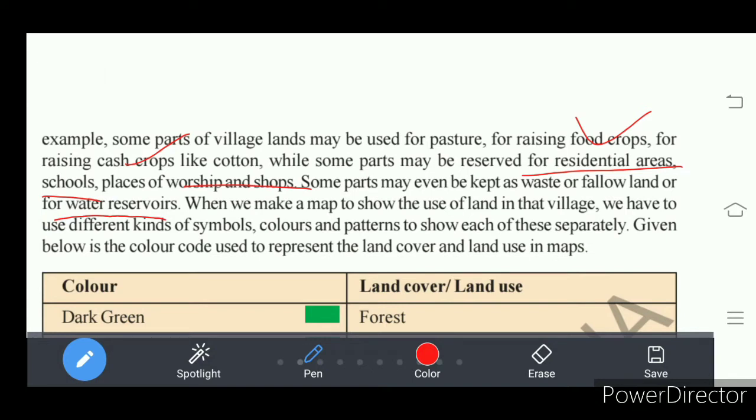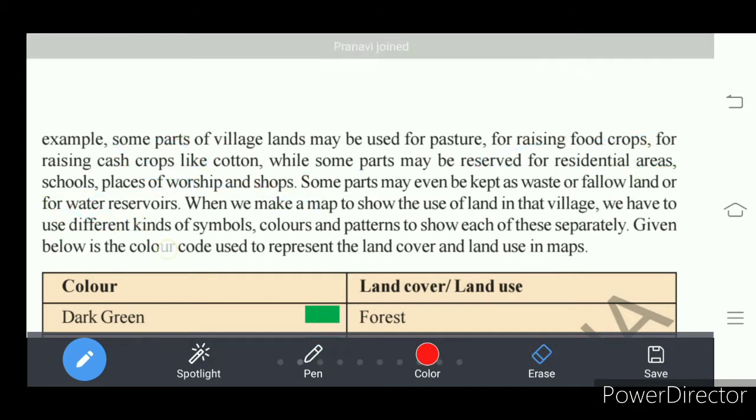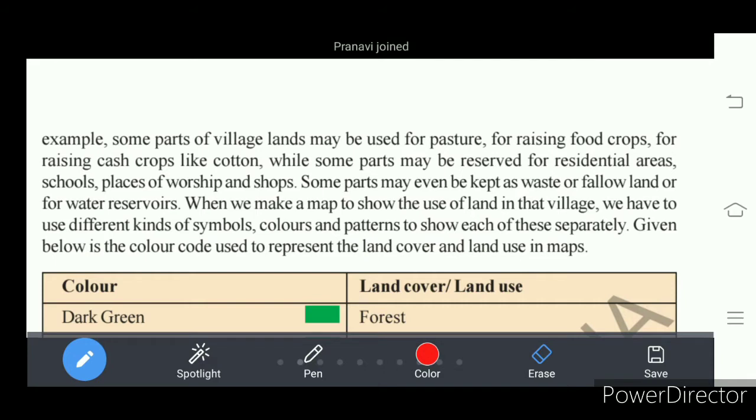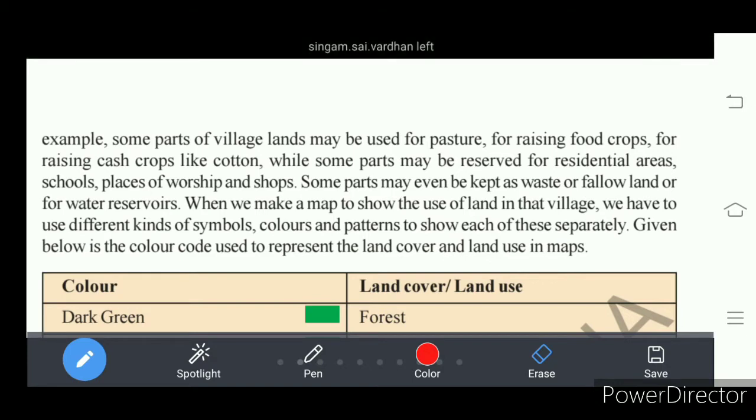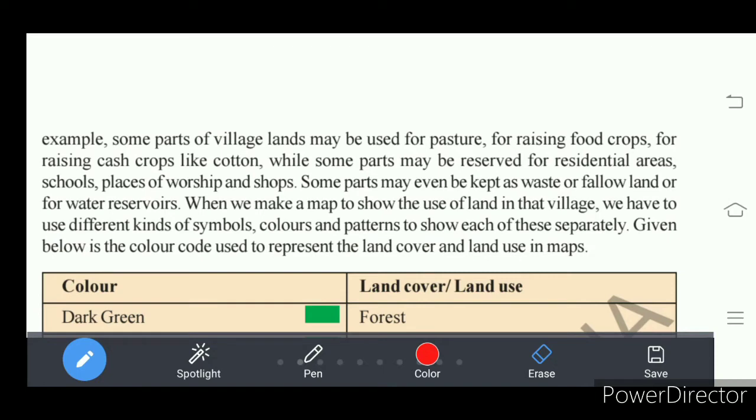So how do we show all these things in a map, right? That means we have to use some symbols for all these things to show in a map. So when we make a map to show how the land is used in a village, we have to use different kinds of symbols.